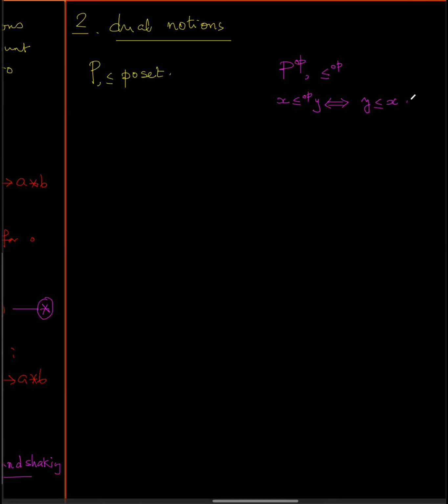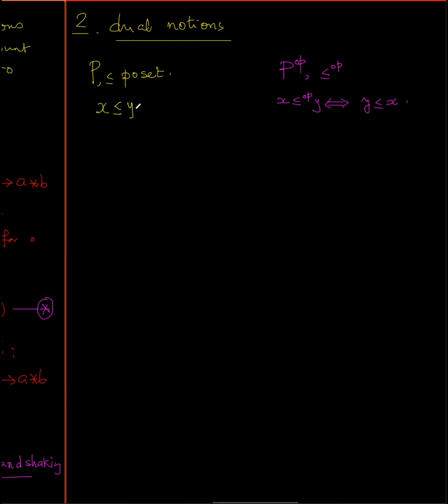If you consider this as a relation, then you see the meaning. This is a subset of P cross P as a relation, and the opposite relation of less than or equal to is this. And that is also a partially ordered relation. So that also makes it a poset.